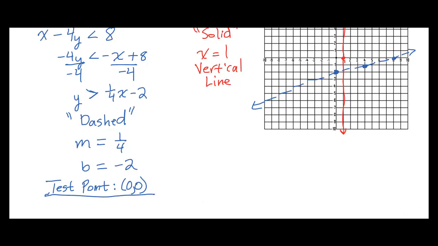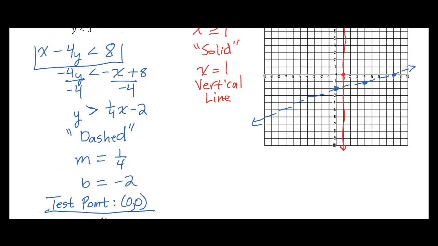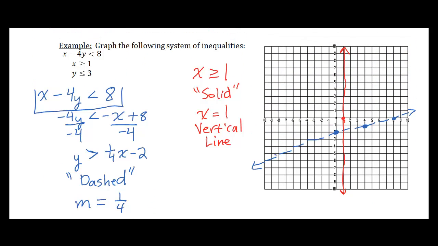So I'm going to put 0, 0 into this inequality: x minus 4y is less than 8. I get 0 minus 4 times 0 is less than 8. Well, that tells me that 0 is less than 8, which is true. So I want to shade above this line, where 0, 0 is.